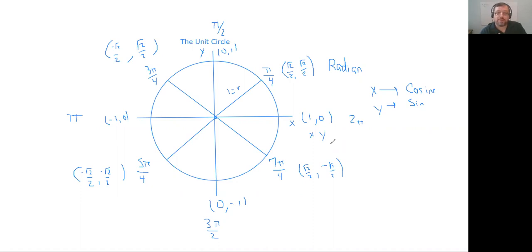So here is my question. I want you to think about this just for a second. If I ask you for the tan, what do you think tan is equal to?